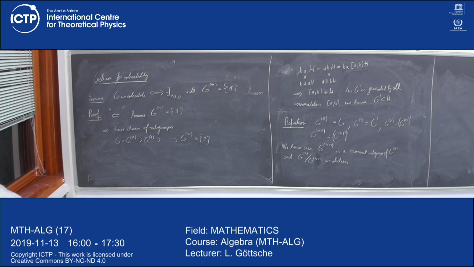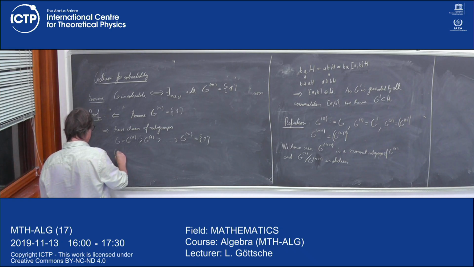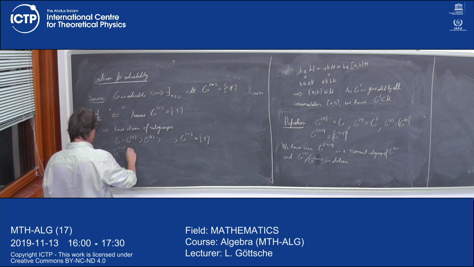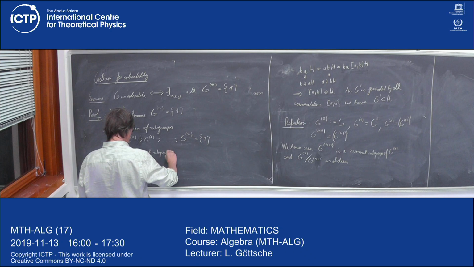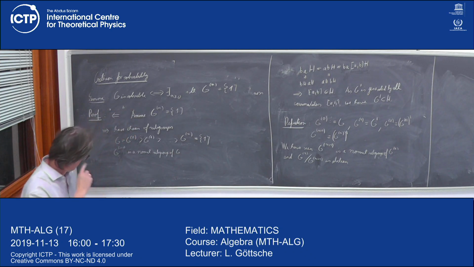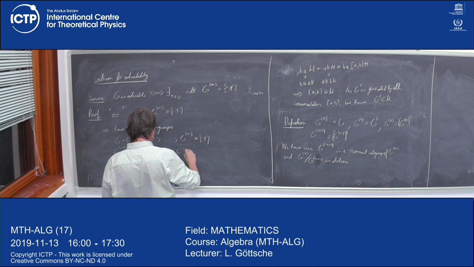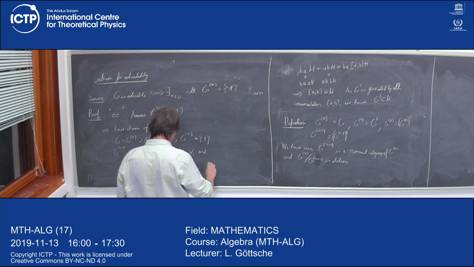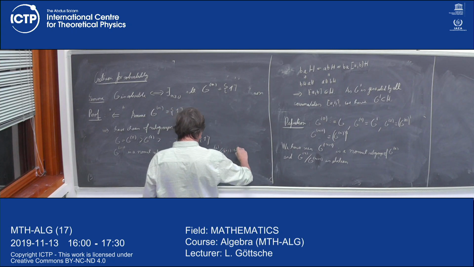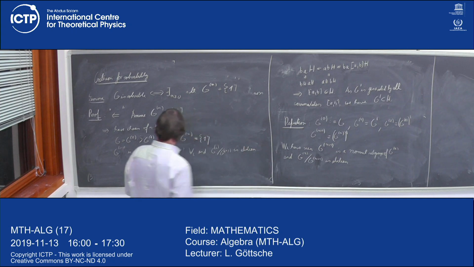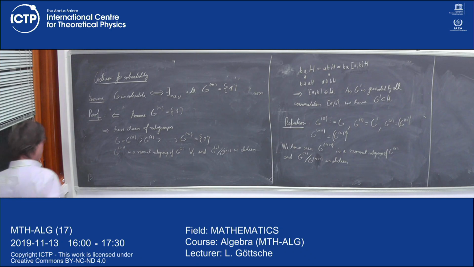And we have that for all i, G(i+1) is a normal subgroup of Gi, and the quotient is abelian. That's precisely the definition of being solvable. So that's more or less the definition.